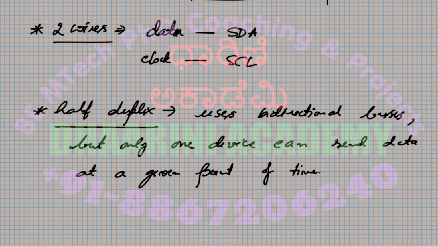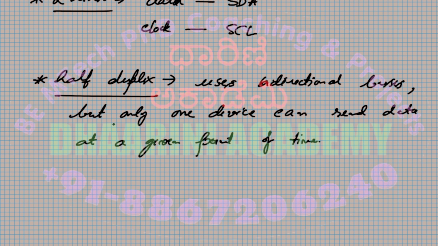SDA will carry this data, whoever is going to send. Now the clock is used to control the data transfer and the synchronization, right? So who generates the control signal here? We don't have to go for a very complicated control signal generator, there is no separate circuit to generate it.